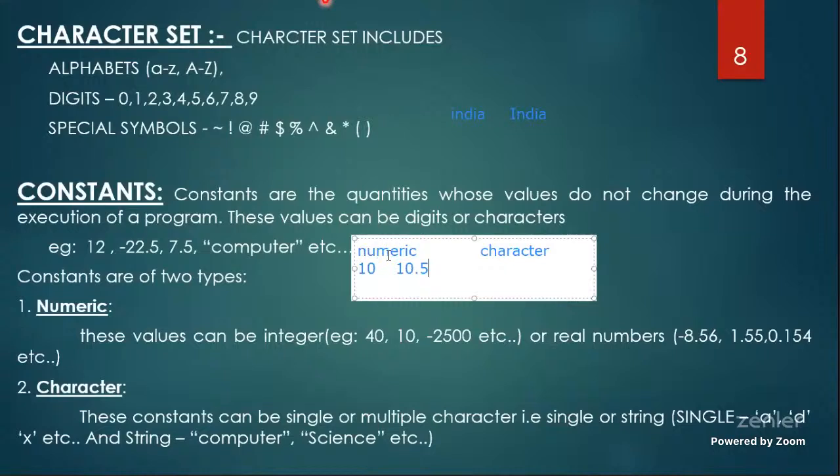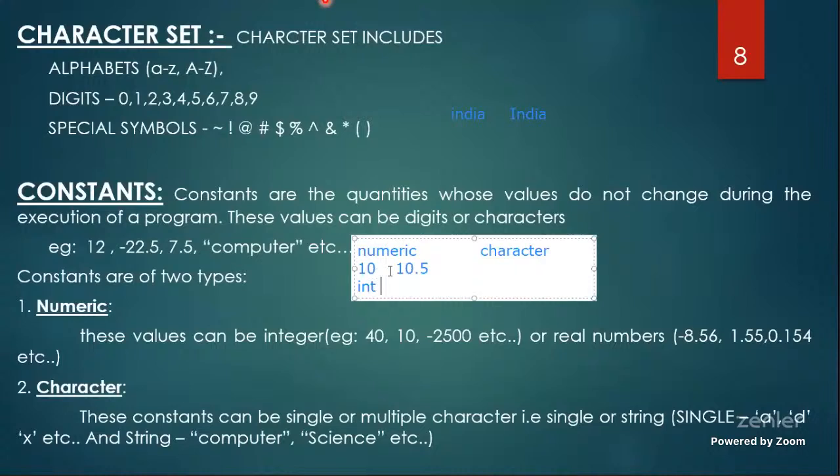When you want to store a whole number, I will be using the data type integer, that is int. Whenever you use int, it is a data type. Once again, I'll repeat. Numeric means number.